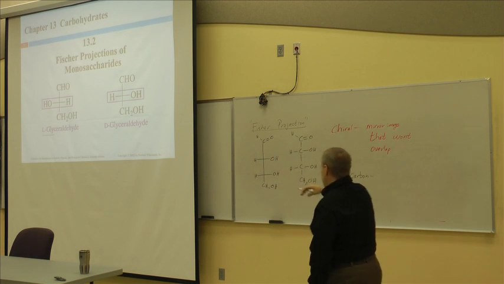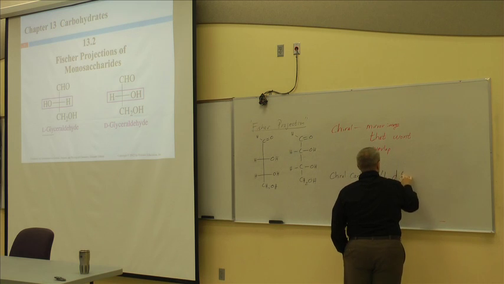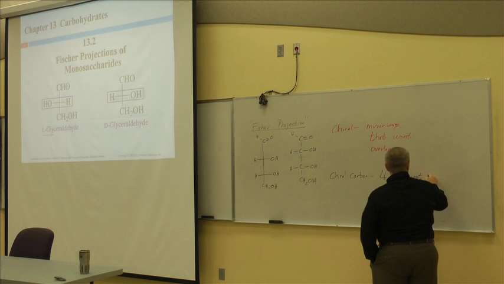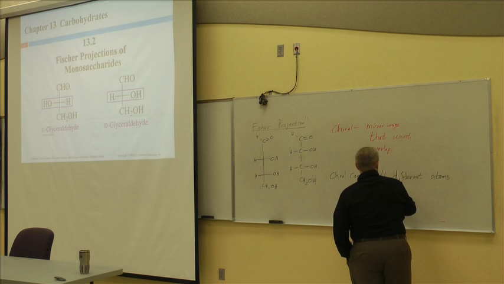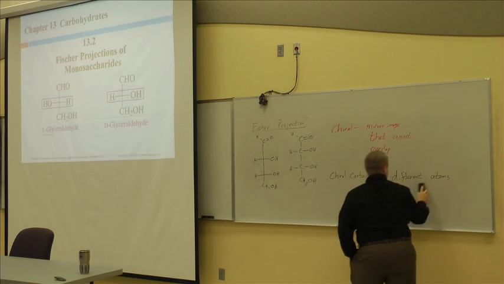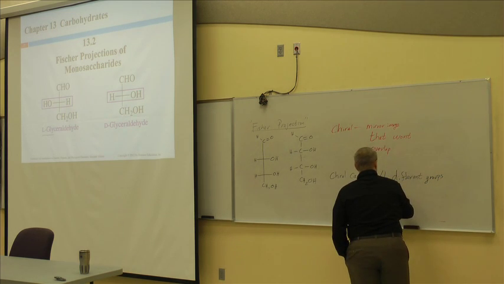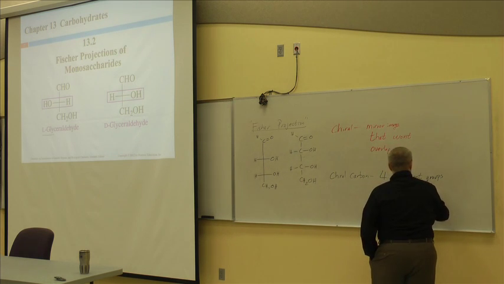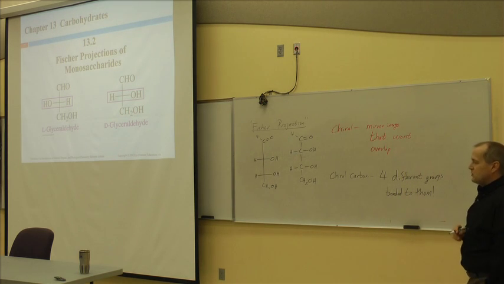Now, a chiral carbon will have 4 different groups bonded to it.